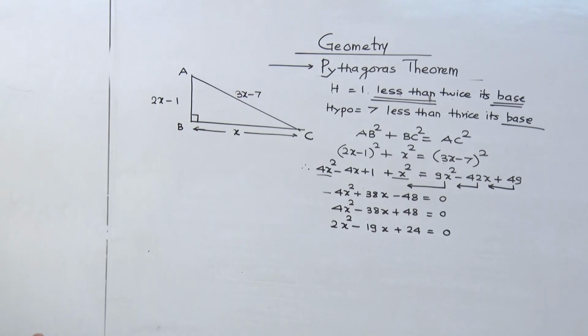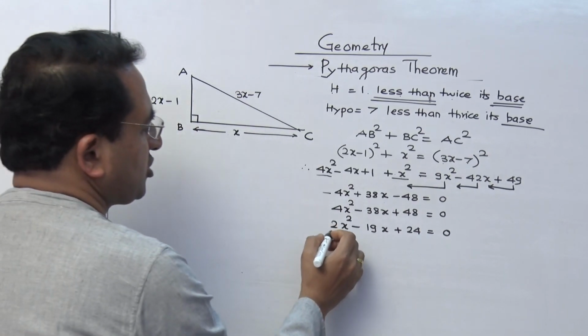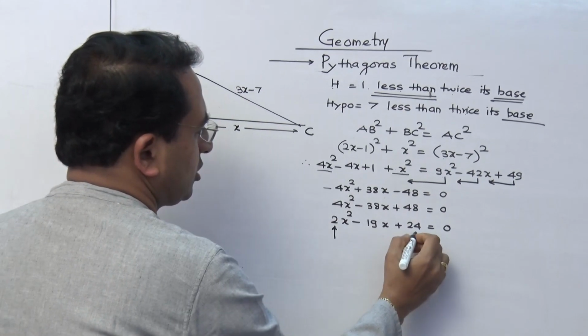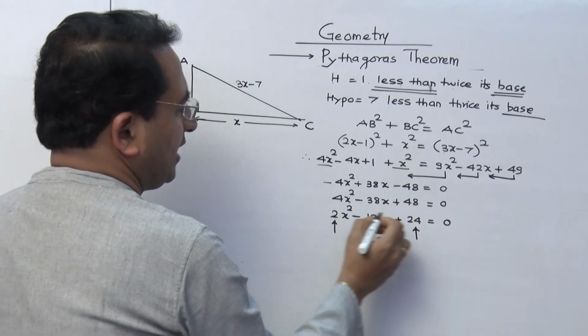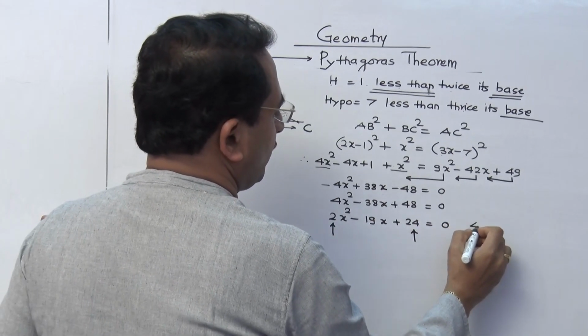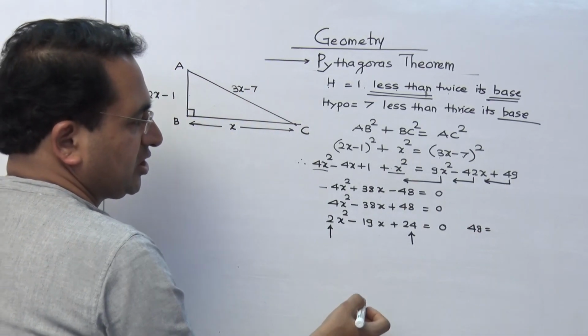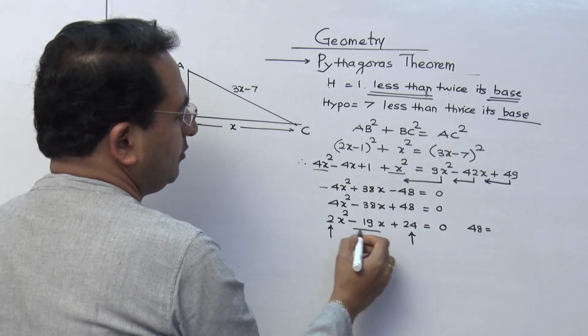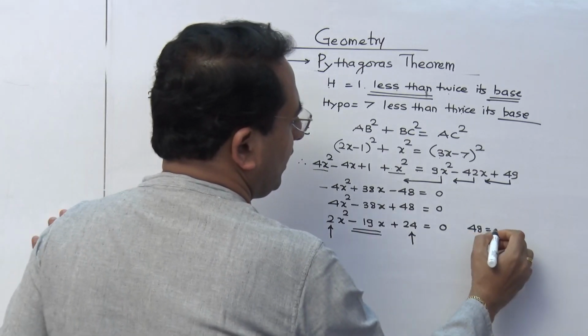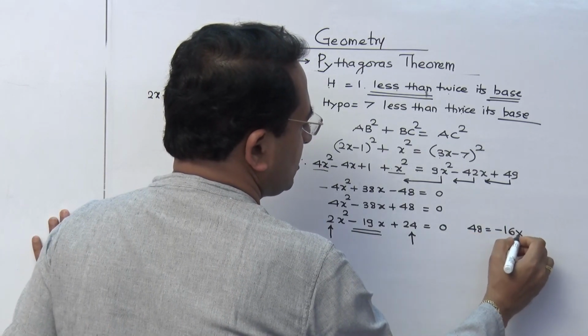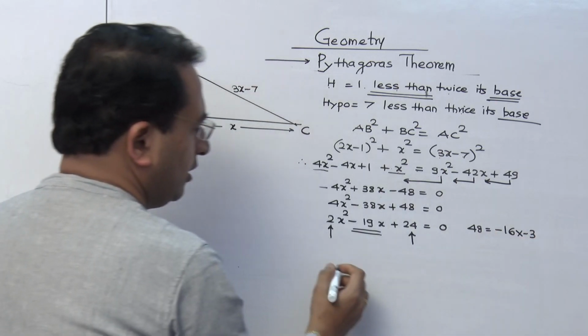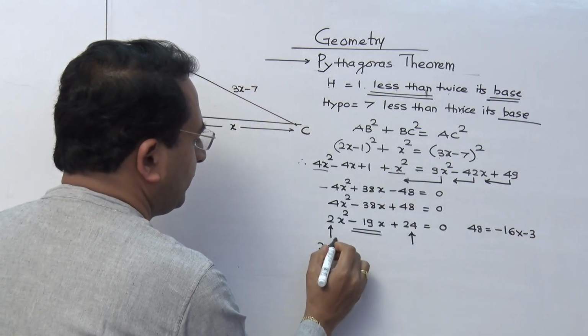Now you know how to simplify. This is the first term, this is the last term, so we have to multiply these. The answer is 48. Now this 48 we have to factorize in such a way that the middle term is 19. So I can definitely write this as minus 16 into minus 3. So that is how we have to split it up.